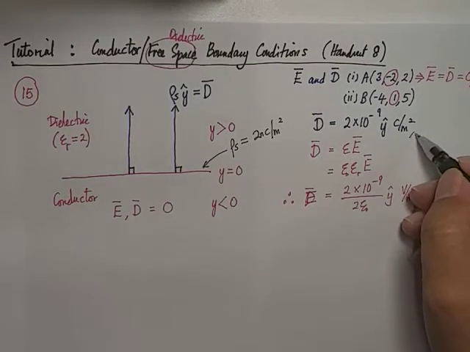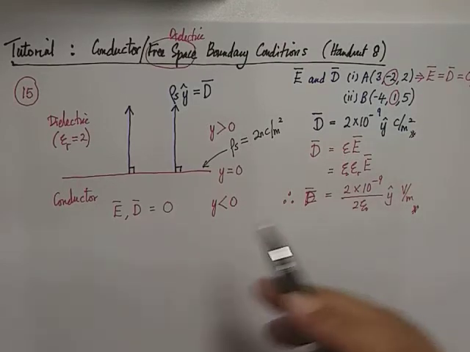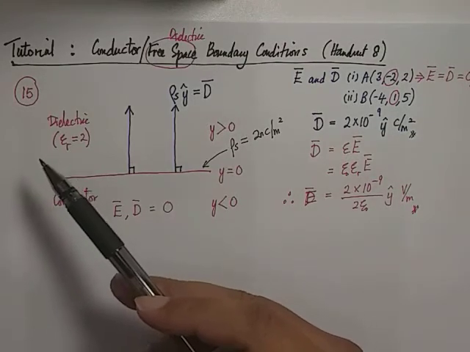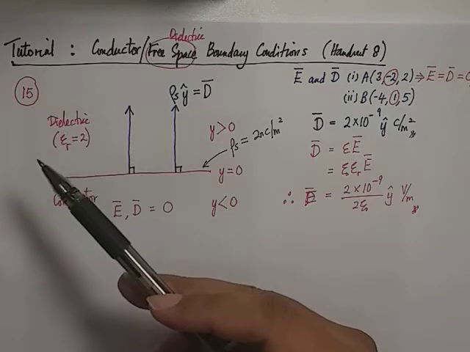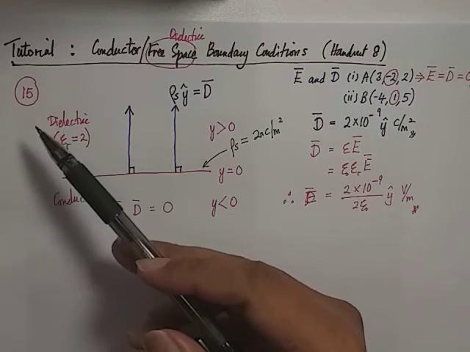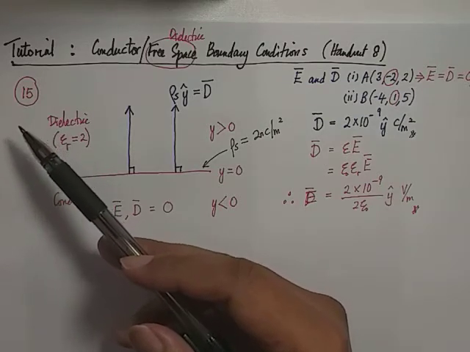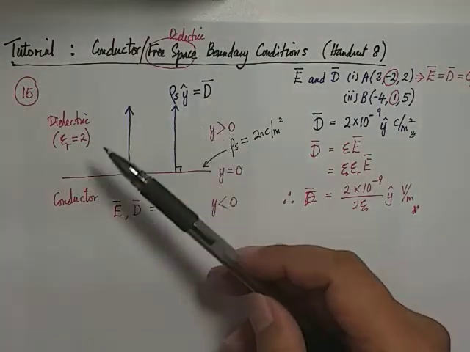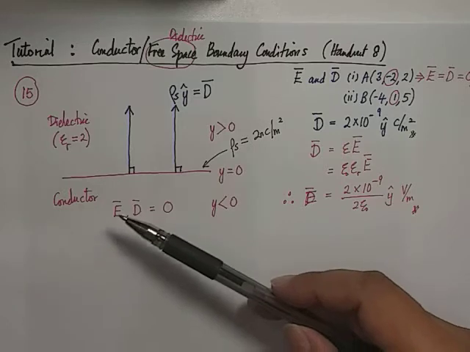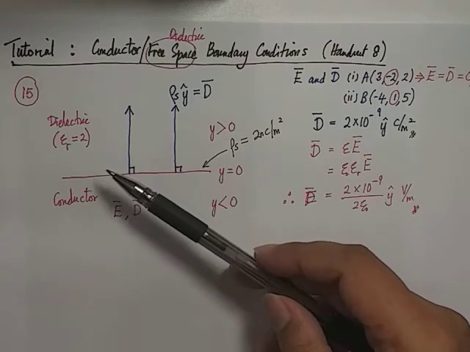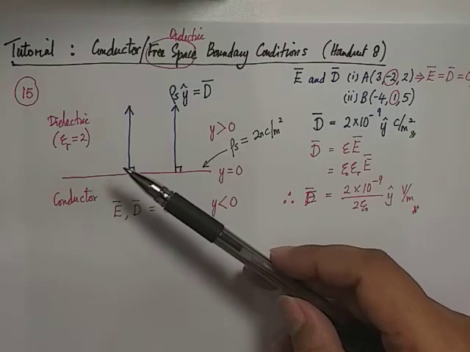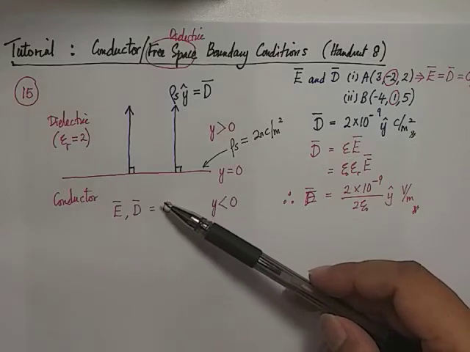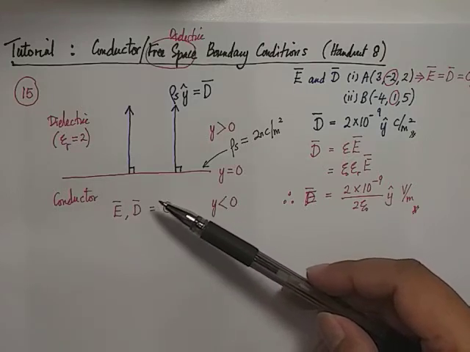So therefore we have answered question number 15, and as you can see, the important thing we need to know regarding question number 15 is the characteristic of the electrostatic field located at the conductor dielectric boundary. As I'm going to restate again, the field in the conductor will be equal to 0.